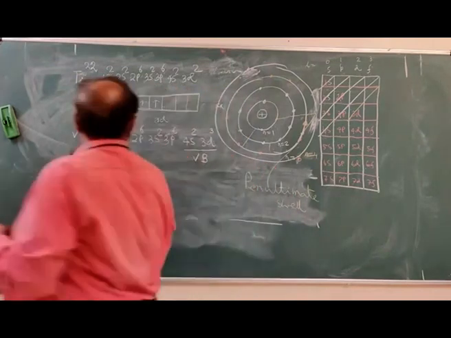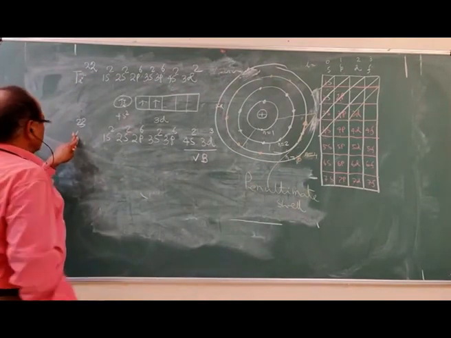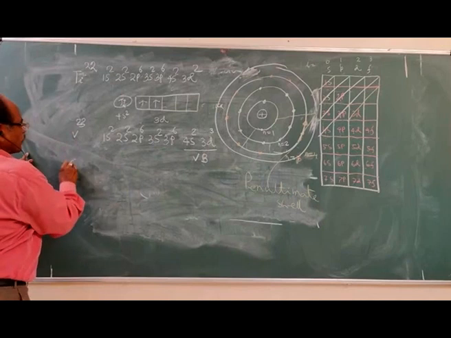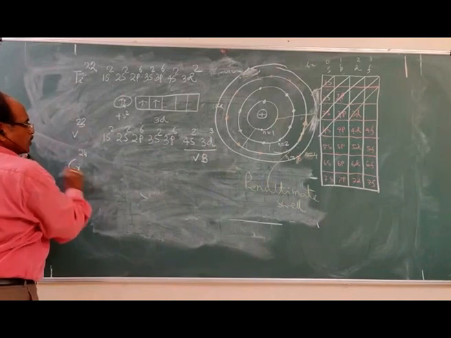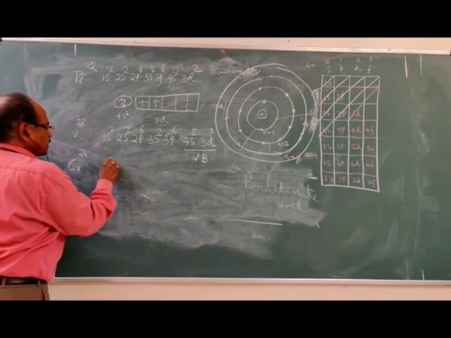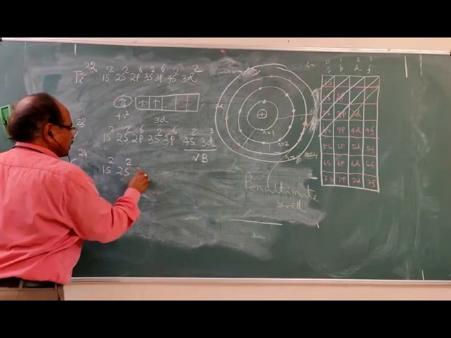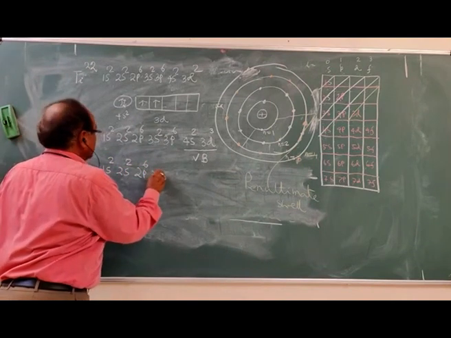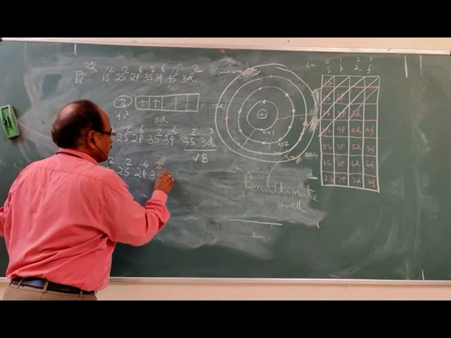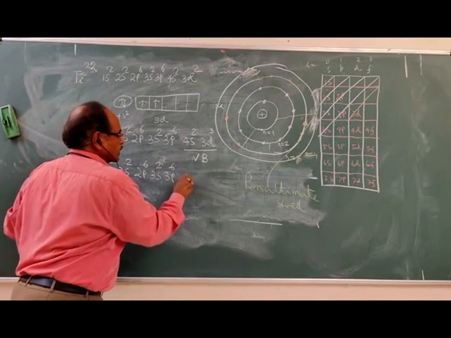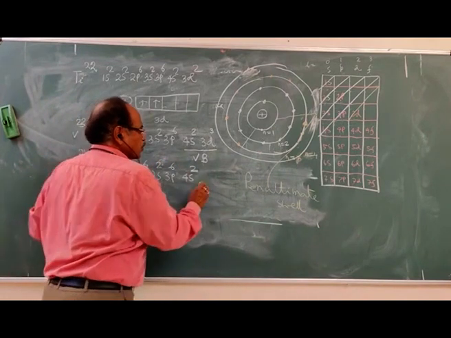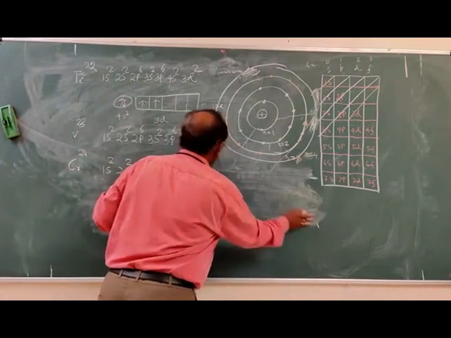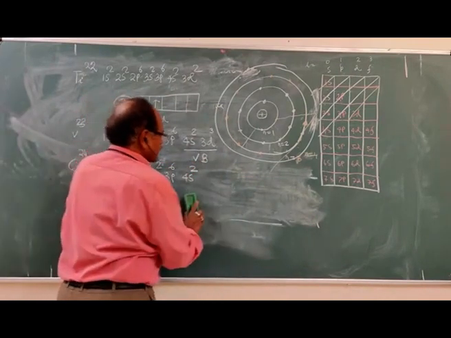So we went through vanadium. Now comes chromium 24. If you look at the configuration, 1s2, 2s2, 2p6, 3s2, 3p6, 4s2. What should the configuration be here?